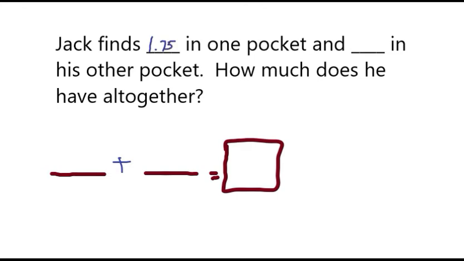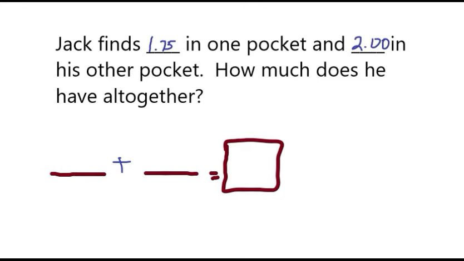And in his second pocket, he found $2. Now let's assume, guys, he's finding change and maybe a dollar bill here and there. So the first thing he finds is $1.75, and in his other pocket he finds $2.